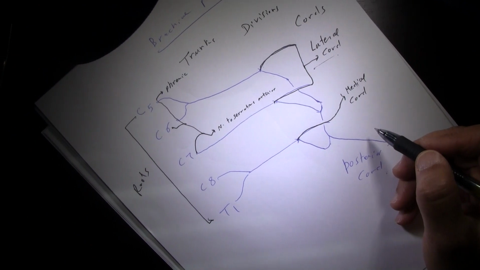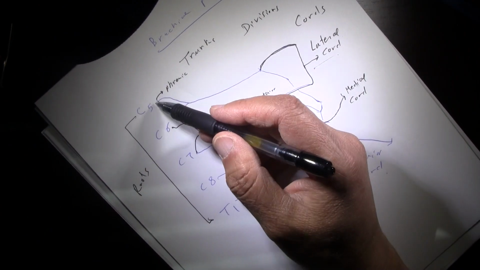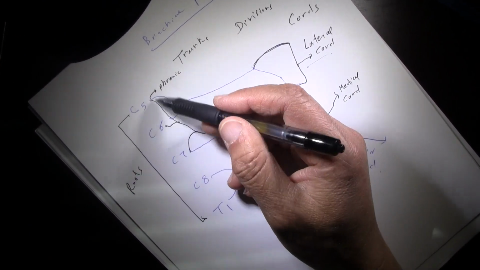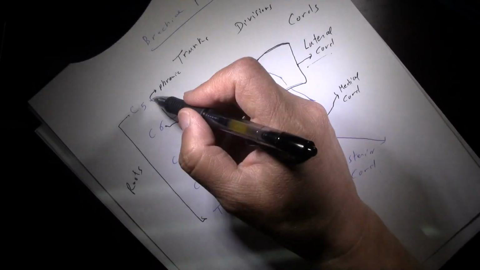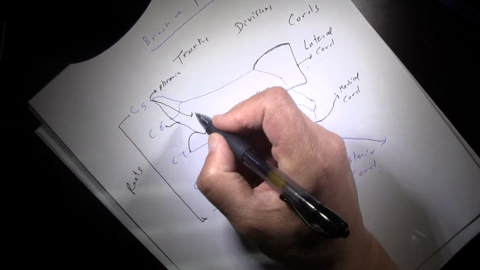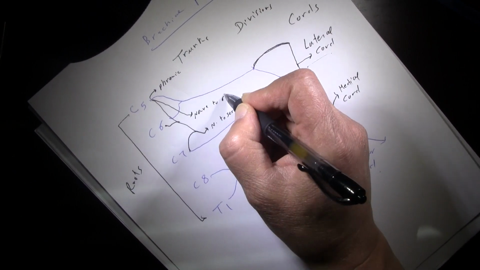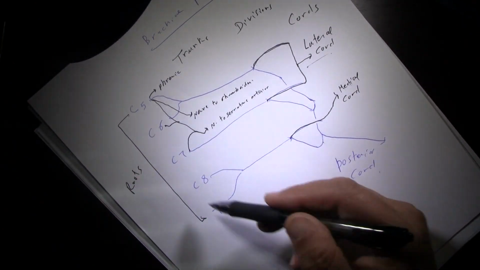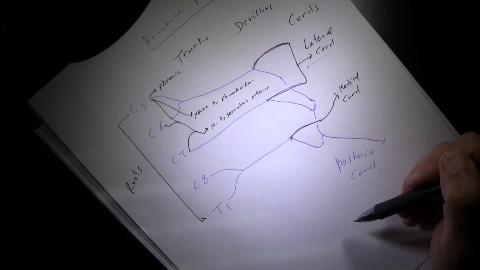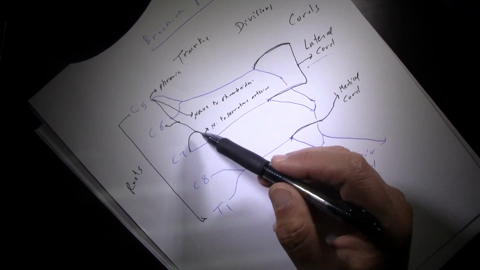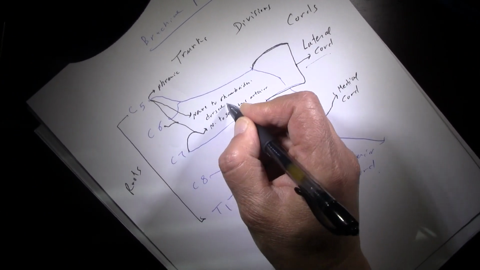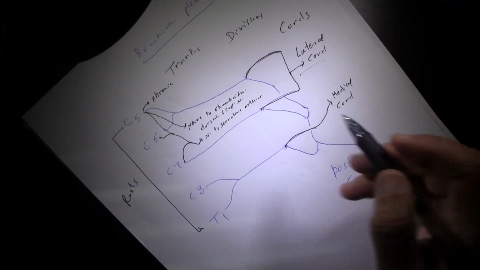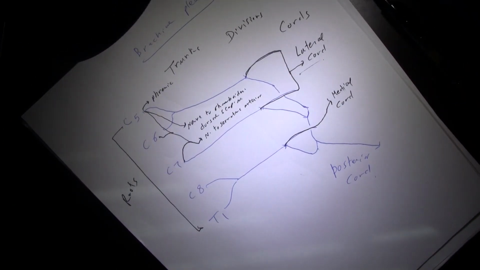There is the nerve to rhomboids, or dorsal scapular nerve, coming from C5 and 6, mainly 5. So those are the main nerves coming from roots: nerve to serratus anterior, nerve to rhomboids, and the phrenic nerve also.